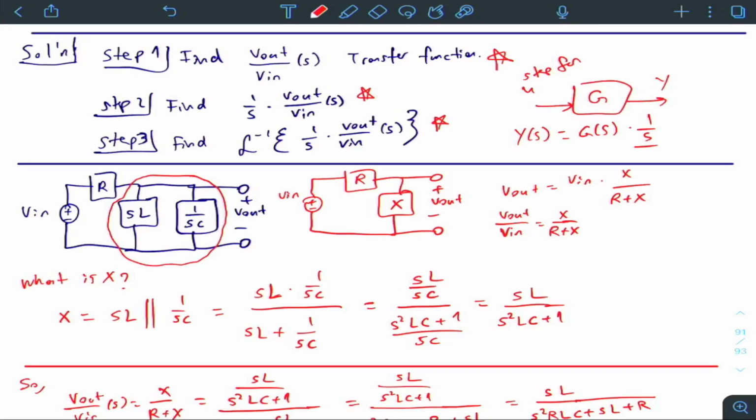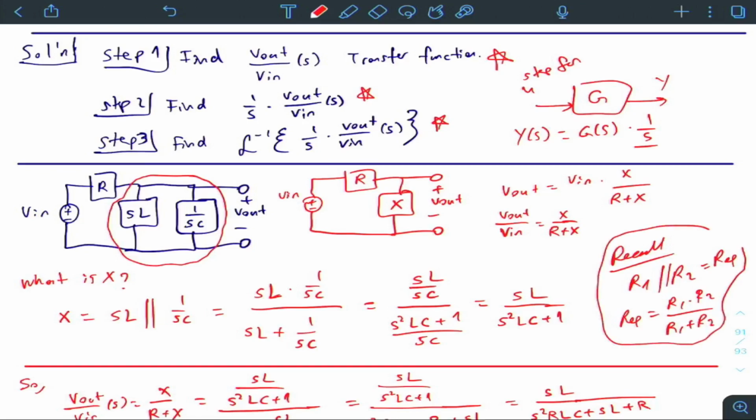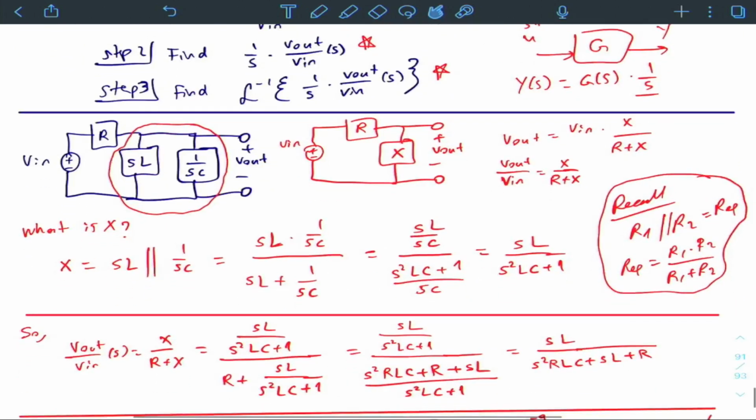Let me write this: R1 parallel R2, R equivalent equals R1 times R2 over R1 plus R2. Okay, we know it by heart at this point, just multiply the terms and then sum them over, okay? And this is the expression we get.